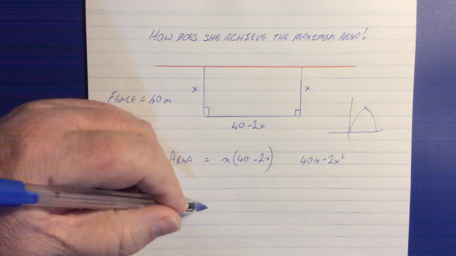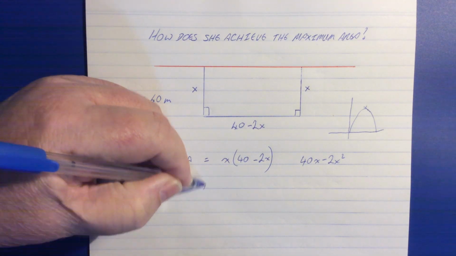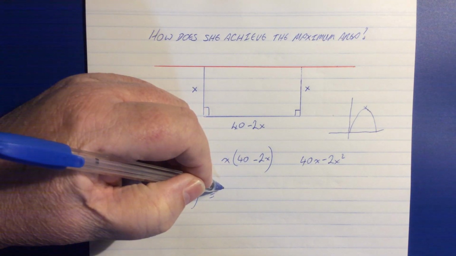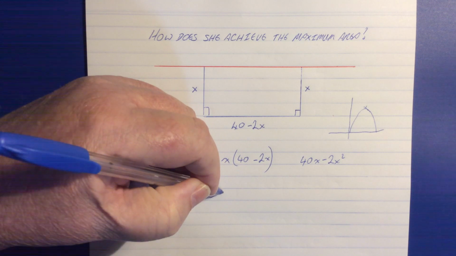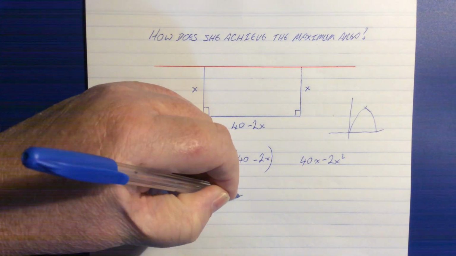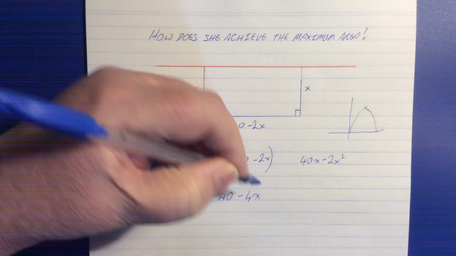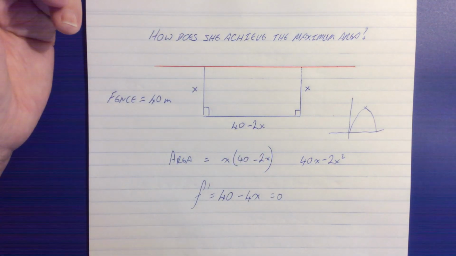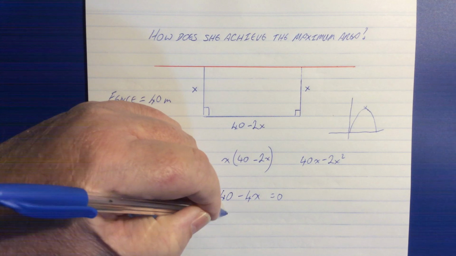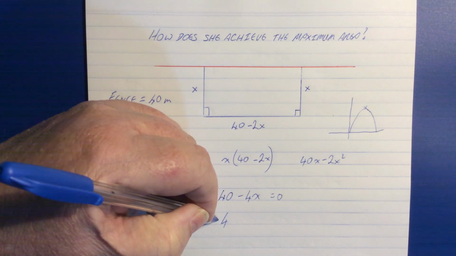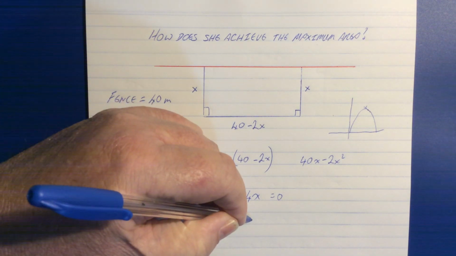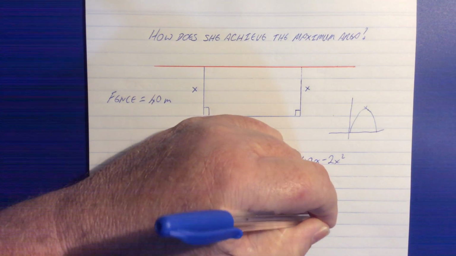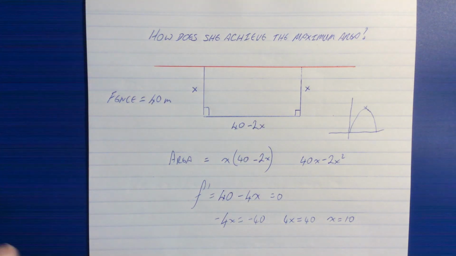So the differential of this, if we just call this f dash for the sake of brevity, is going to be 40 minus 4x, and we're going to make that equal 0. That's not too tough. Negative 4x equals negative 40, 4x equals 40, x equals 10.